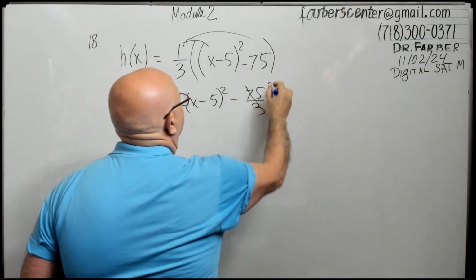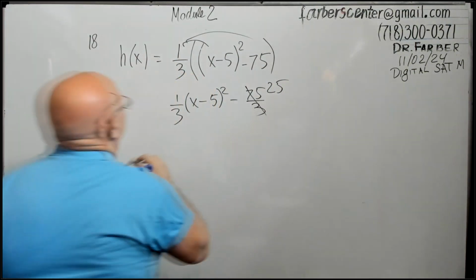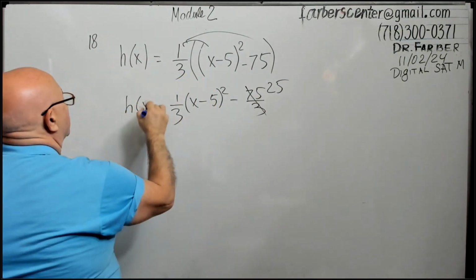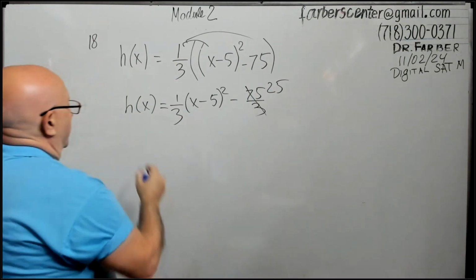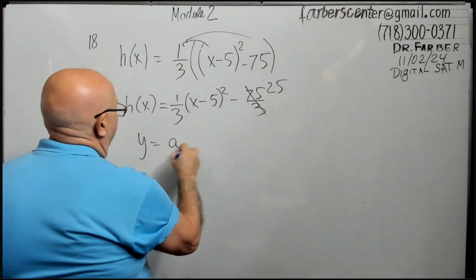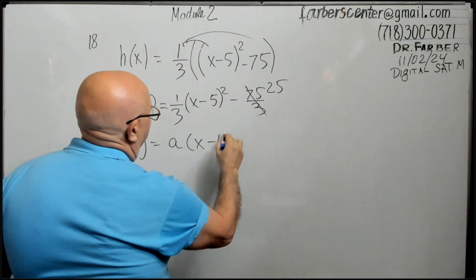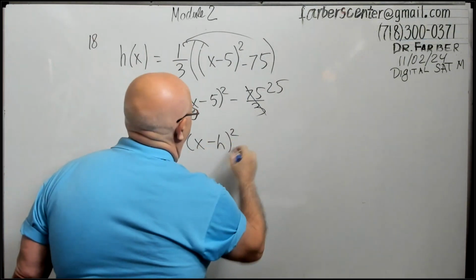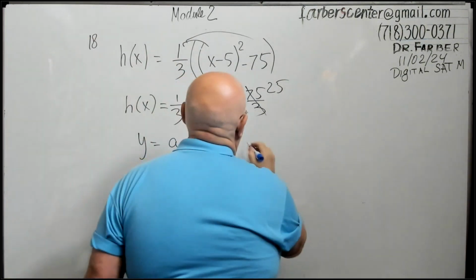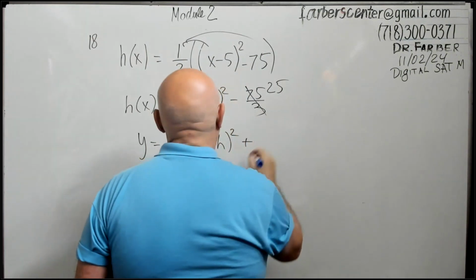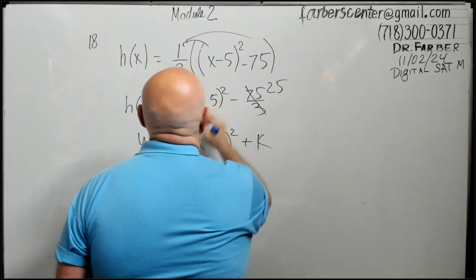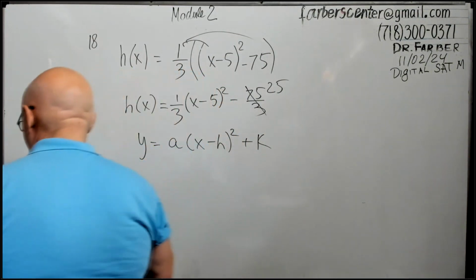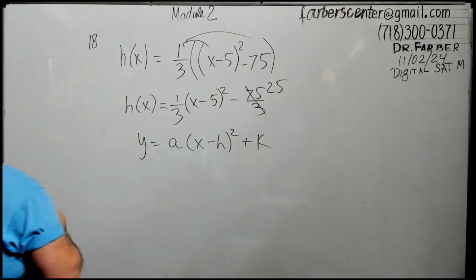And this is 25. If you write this h of x in vertex form of a parabola, it's a times x minus h to the second plus k. So in vertex form, if I draw this picture here, what do we have?